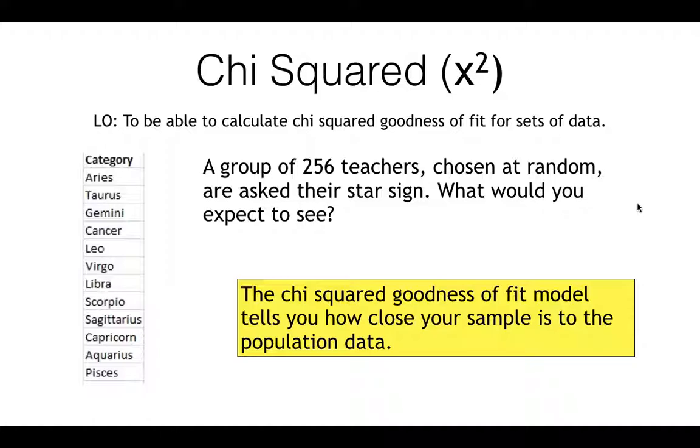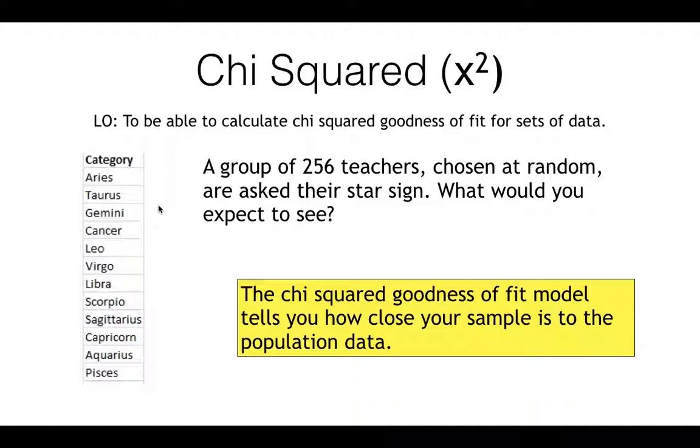So the first thing is we need to look at what information we're being given. A group of 256 teachers chosen at random are asked their star sign. What would you expect to see? Well, obviously there are 12 star signs, and you would expect, particularly with a sample as big as 256, that you would have an even spread of teachers through the star signs.